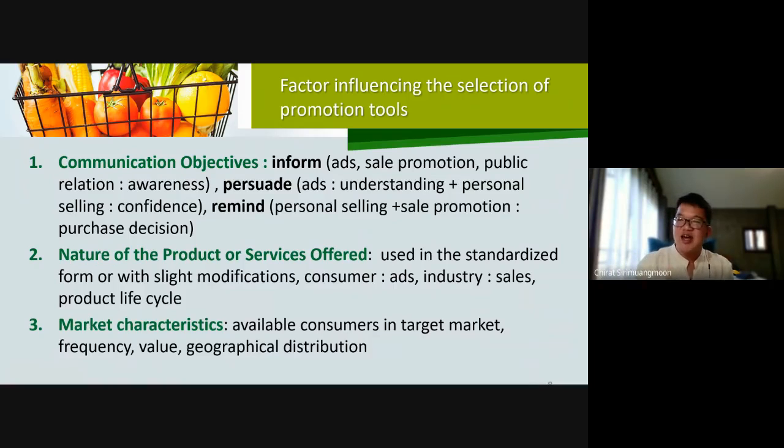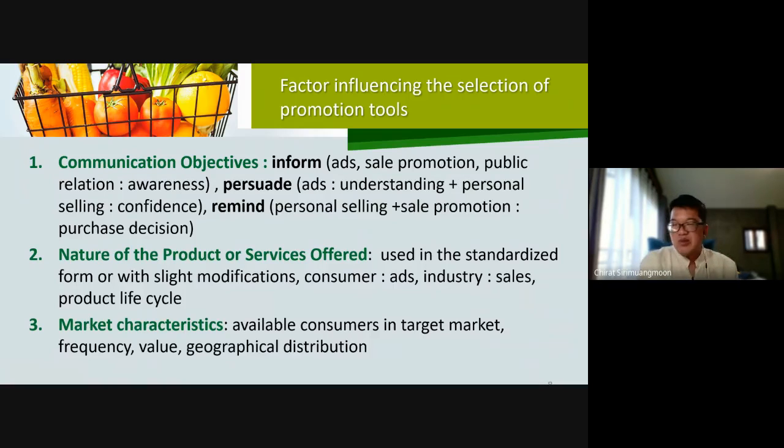In this case, advertising is combined with personal selling. Let's think about this: talking to your friends person by person is better than just reading or watching something, right? Personal selling makes the consumer confident about your products, and advertising makes you understand the products more clearly. So combining them is used for persuasion.